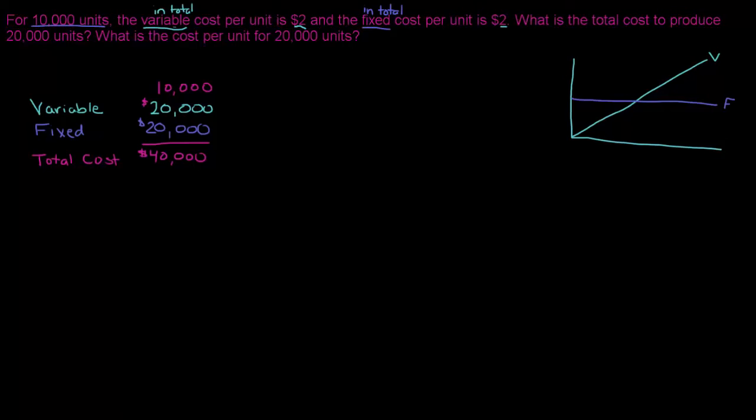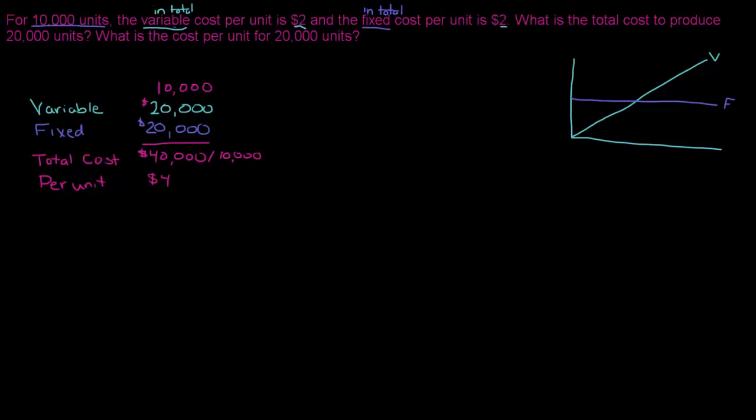And my cost per unit for 10,000 units, if you take 40,000 and divide it by 10,000 units, is $4 per unit. That's pretty straightforward, and most of my students can do that.